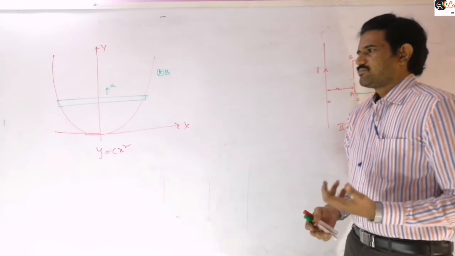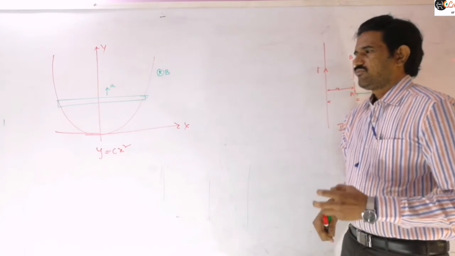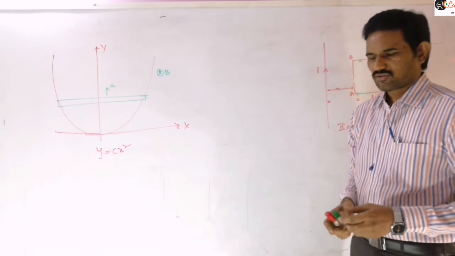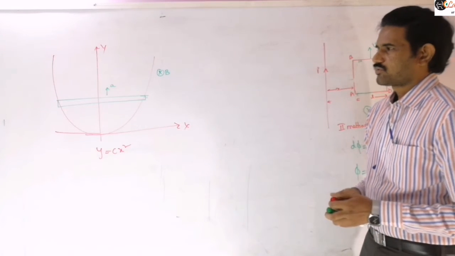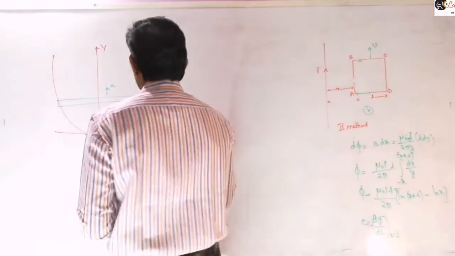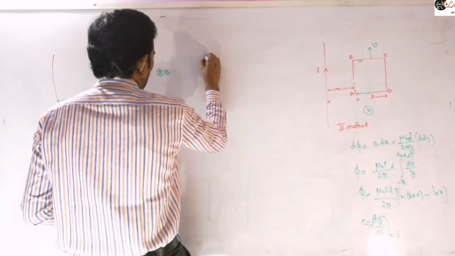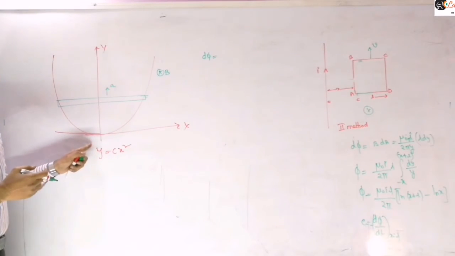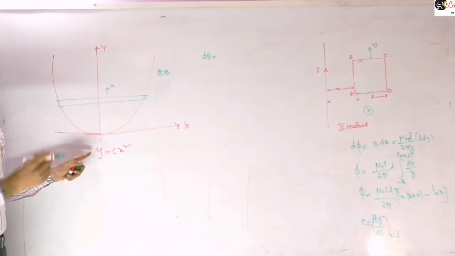Next, we need to consider that when it is traveling a small distance y, we need to write what is the flux passing through that loop. It is starting from the apex, as given. Initially it is starting from this apex. So let us consider it is traveling a small distance.